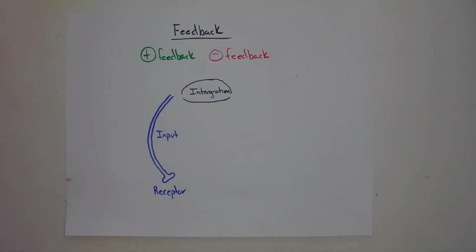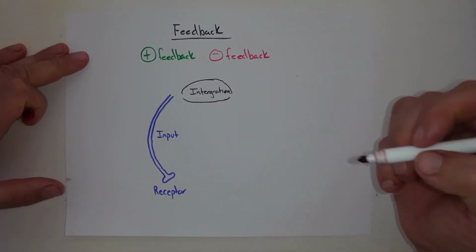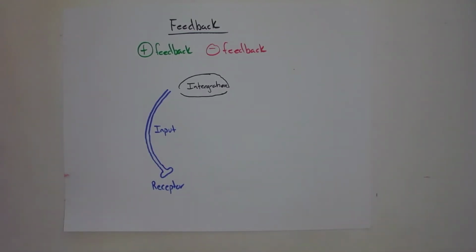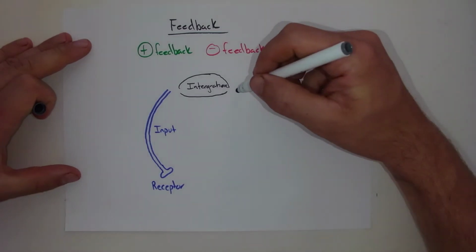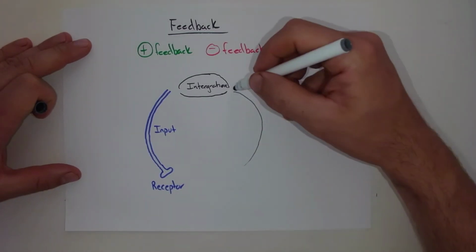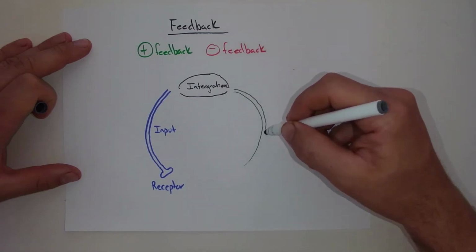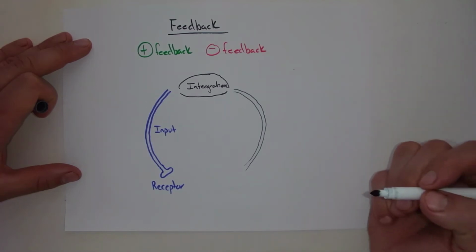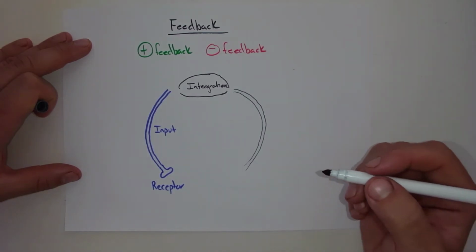And then there's going to be some kind of output. If this was the nervous system, I'd do it in green to represent a neuron. If it was the endocrine system, I would do it in red to represent the bloodstream.